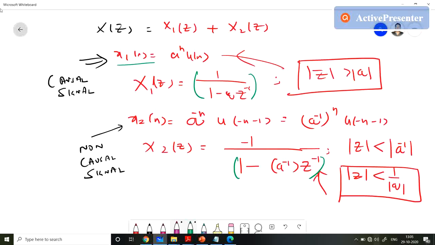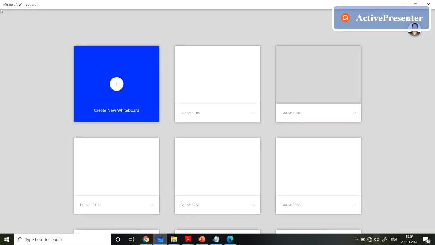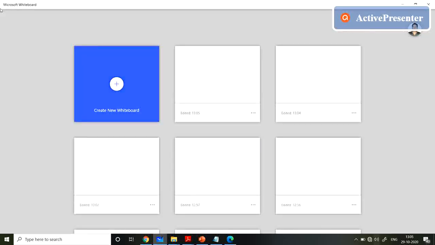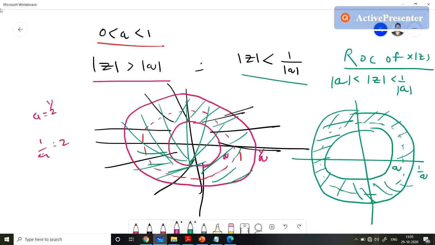Now we can plot this ROC and we can find out whether there is any common ROC. So for case 1 we plot that. We can see that when a is between 0 and 1, modulus of z greater than modulus of a is the area outside a circle smaller than the unit circle, and another is modulus of z less than 1 divided by a, whose circle area is bigger than the unit circle area.